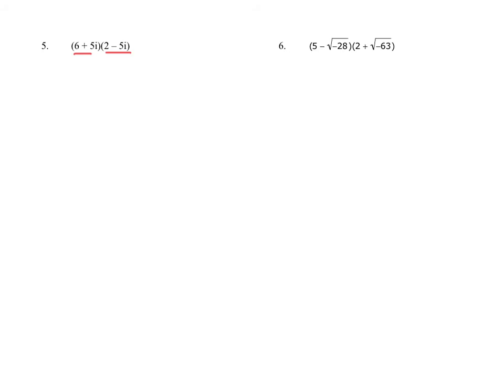So we multiply the 6 times the 2, and we get 12. And we multiply the outside parts, and we end up with a negative 30i. And the inside product, a positive 10i. And the last product times the last product, a negative 25i squared.